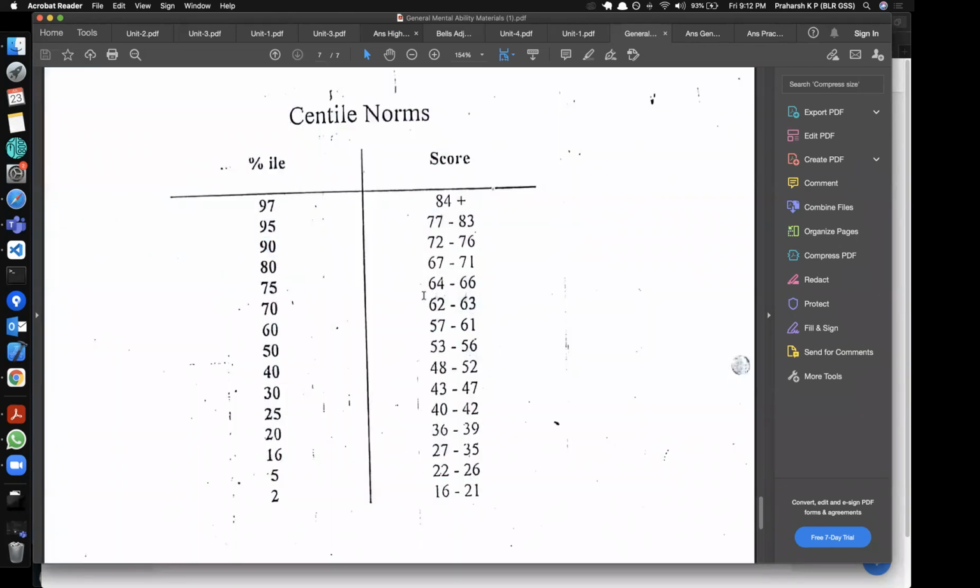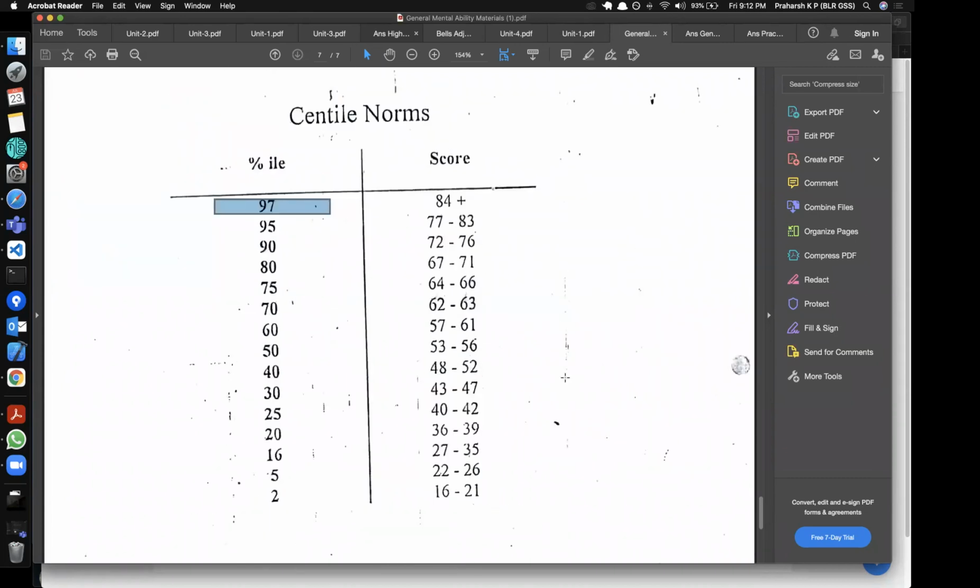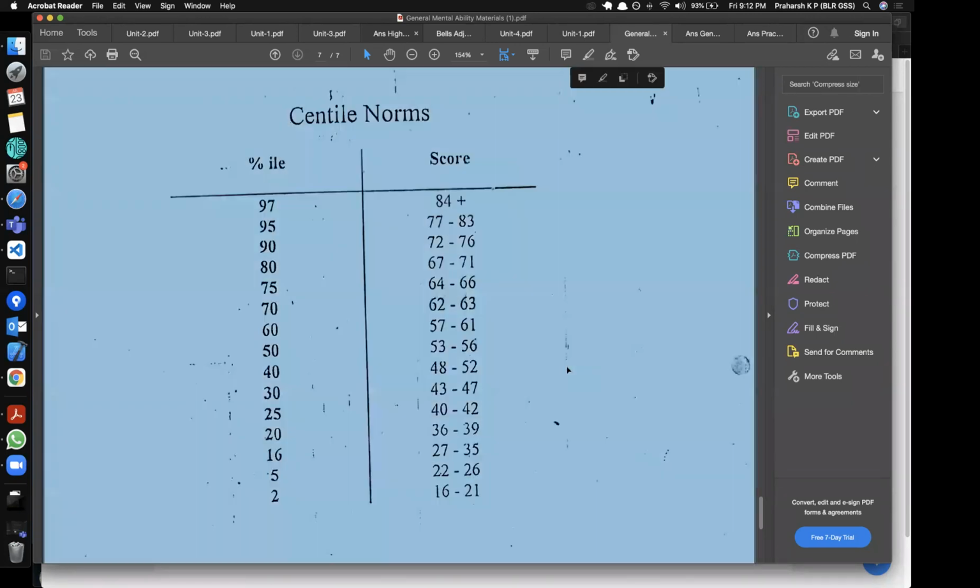So if you are getting something like 60, you are already above 70% of the population who will take this GMA test. And if you are getting something like 84 plus, that means you are in the small bracket of top 3% of subjects. So a generic IQ test, and your IQ is awesome if you are somewhere in this range.